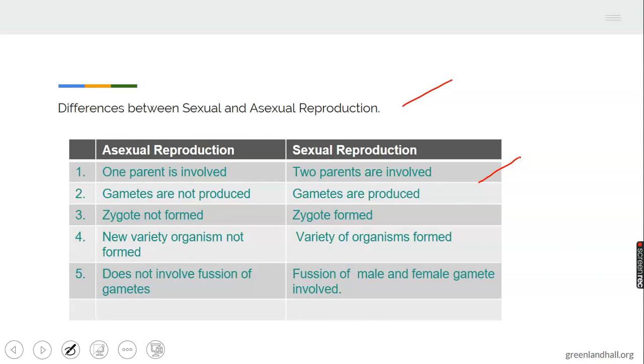Gametes are not produced during asexual reproduction, while gametes are produced in sexual. Zygotes are not formed during asexual; during sexual, we have formation of zygotes. New variety is not formed in asexual, while variety is formed in sexual. Asexual does not involve fusion of gametes; sexual will have gametes coming together.